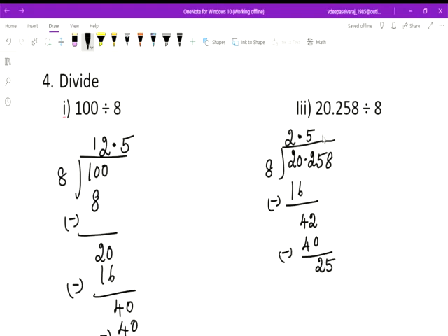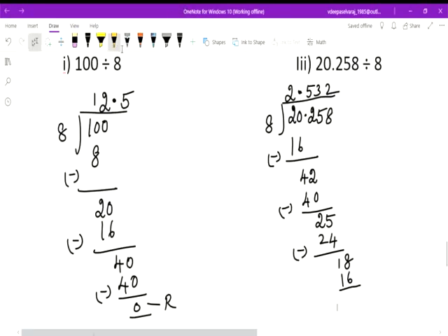How many times does it occur? 3 times. 3 eights are 24. Now you subtract this, what will you get? 1. Take the next digit, 18. How many times does it occur? 2 times. 16. So now 2. Okay. So already we have the decimal in the quotient place. So you have the right to add a 0.